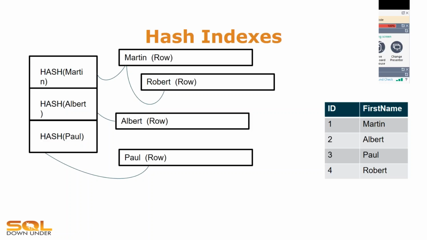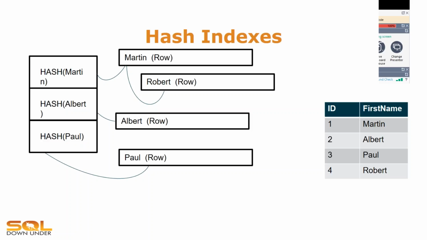So when SQL Server comes to look this up, it will hash the value, go directly to the hash bucket, and then it'll have to read through a chain to find which values are Martin. Not a massive overhead, but something that we try to avoid.